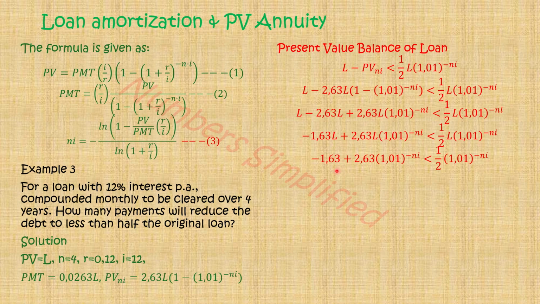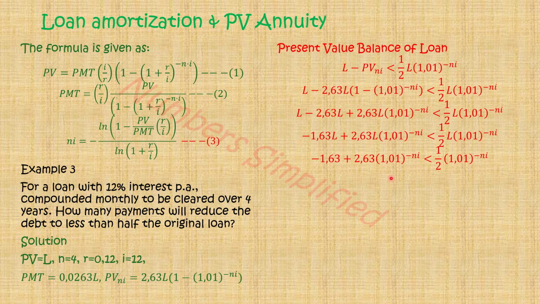So now when we divide throughout by L, we would end up having minus 1.63 plus 2.63 times 1.01 raised to the power ni, and that will be less than half of 1.01 to the power minus ni.